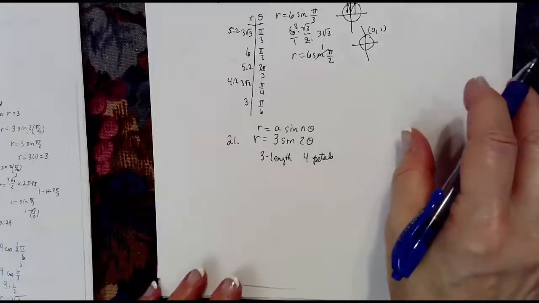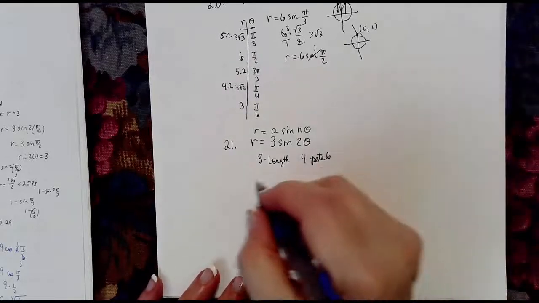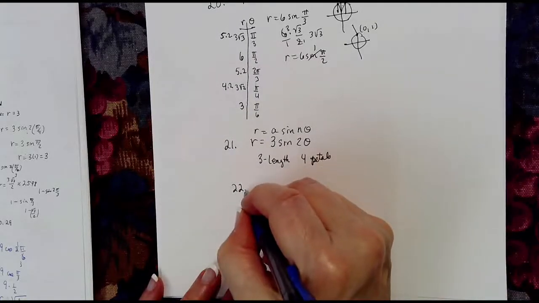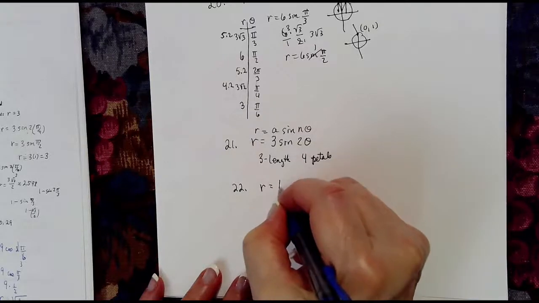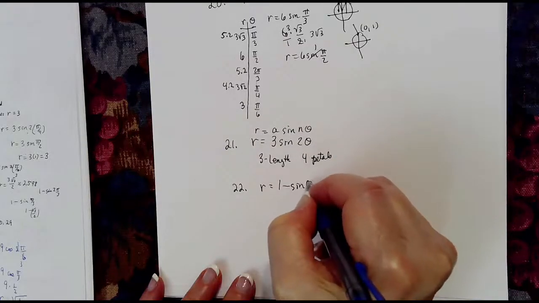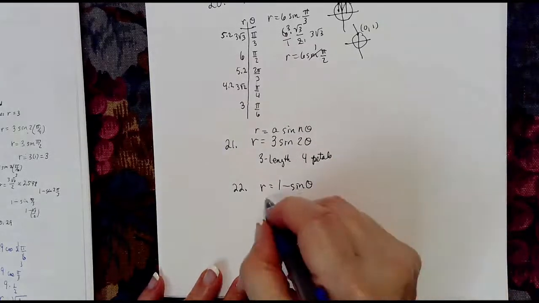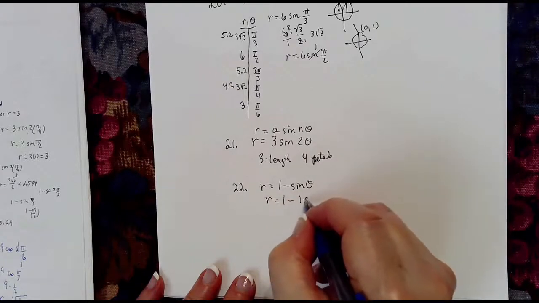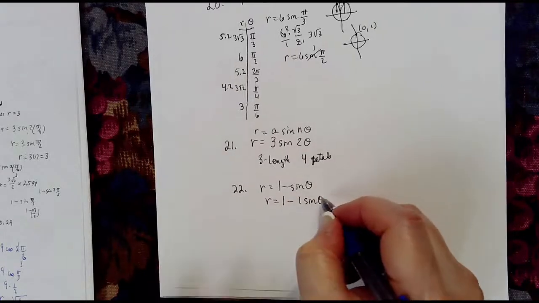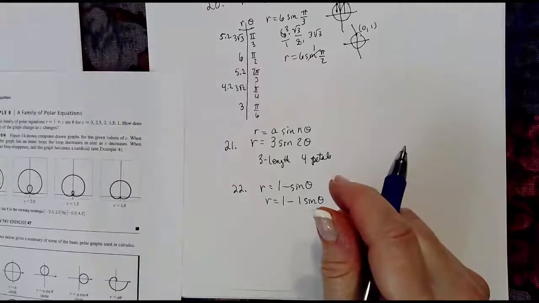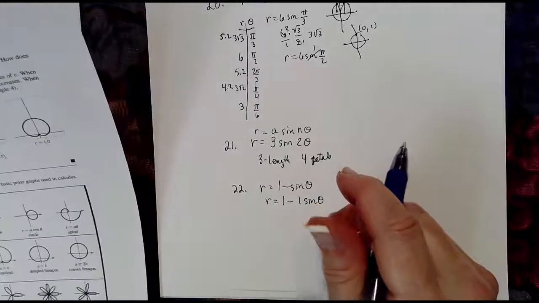Okay. The next one, number 22, says r equals 1 minus sine theta. Now, this is r equals 1 minus 1 sine theta. So the only one that has something like that is your limaçons.